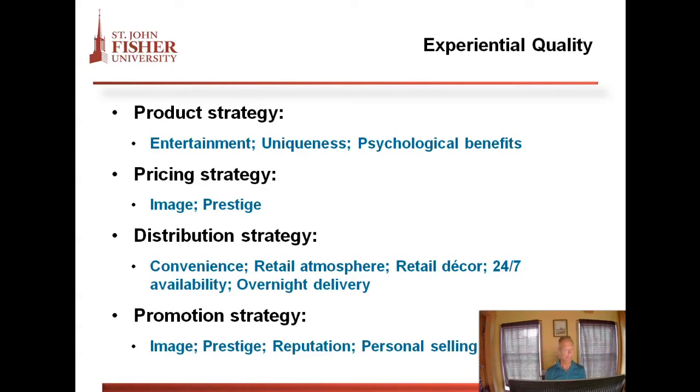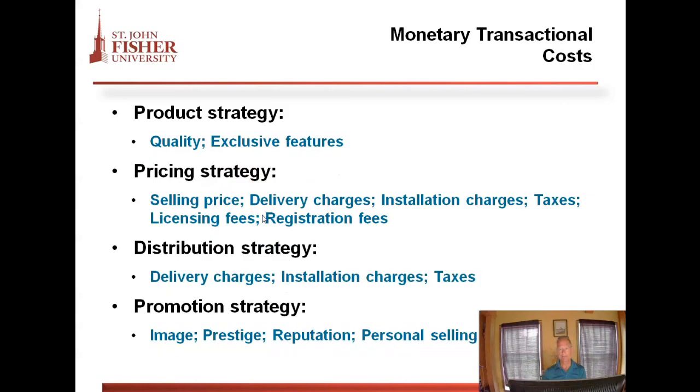And then again, you've got the experiential quality of your pricing strategy, how you feel when you purchase something, and your distribution strategy, how you feel when you walk into a particular store, or when you hit a store online. And then, of course, your promotional strategy, your reputation, and it goes back to personal selling.